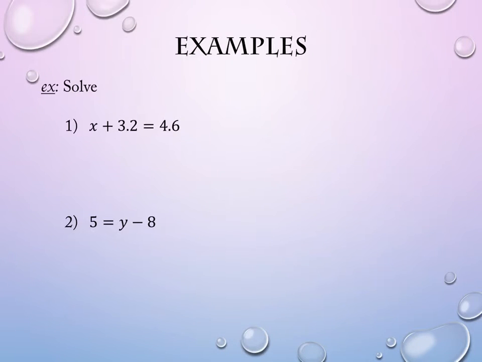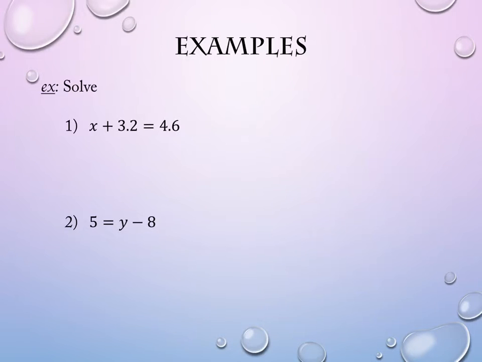As you take a look at the first problem, you see the x, and there's only one thing happening to it on the same side of the equation that it's on. In particular, on this one, we have an addition of the number 3.2. The inverse operation of adding would be subtracting.